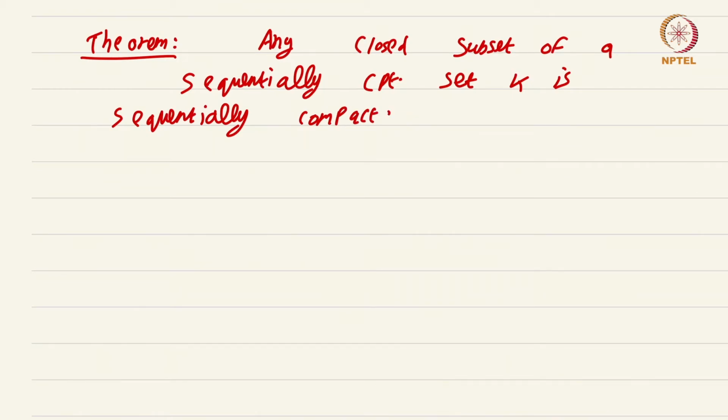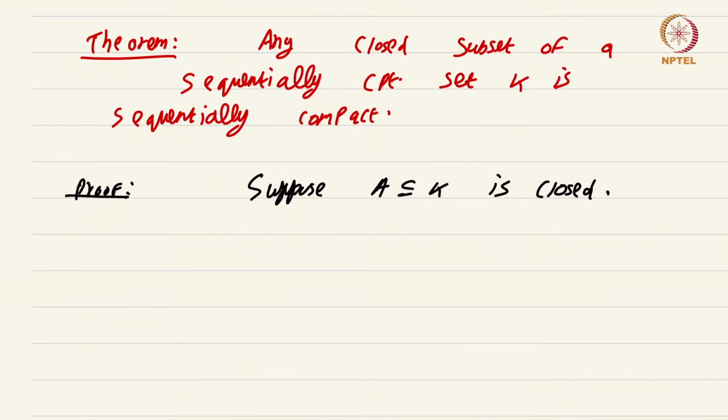The proof of this is very easy. So suppose a subset A of K is closed. Here it is implicitly assumed that when I say closed, I mean closed in the parent metric space.